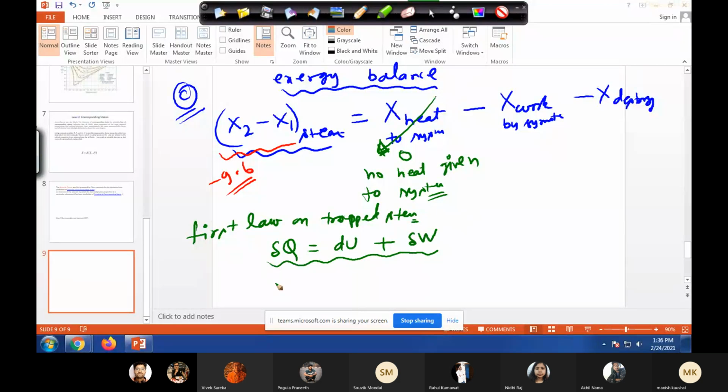Let's say we are going from state 1 to 2. We know that steam is going from 1 to 2, so W1 to 2 plus m into (small u2 minus small u1) is dou Q.